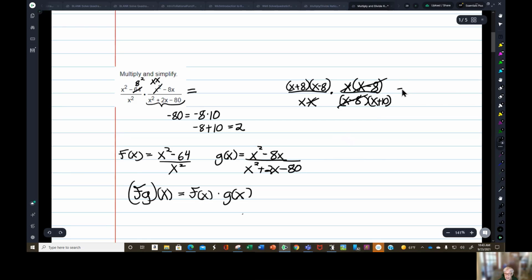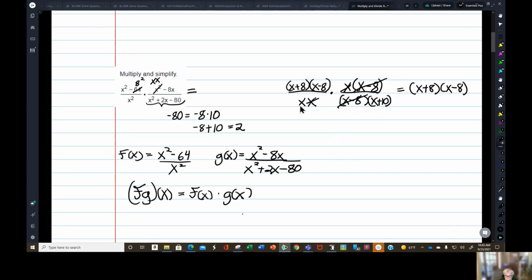And look what I'm left with. x plus 8 times x minus 8. Because there was only one x minus 8 on the bottom, I could cancel it either with that one or with that one, but not with both.